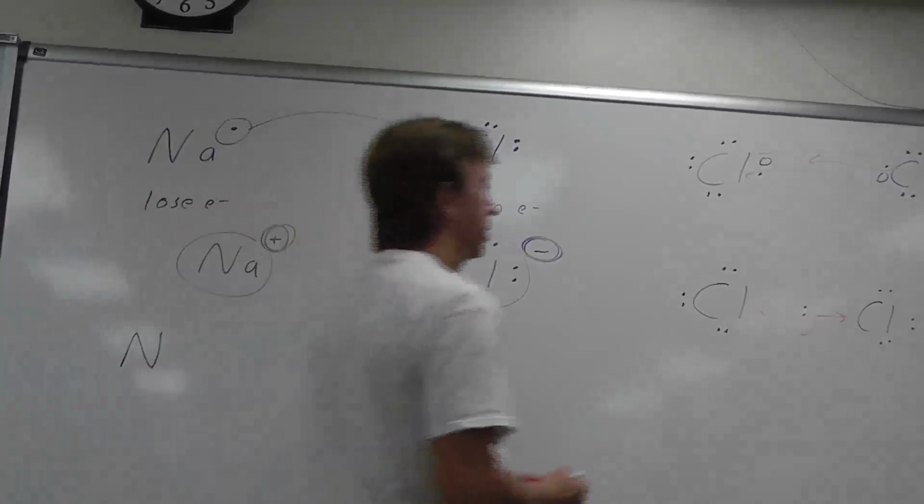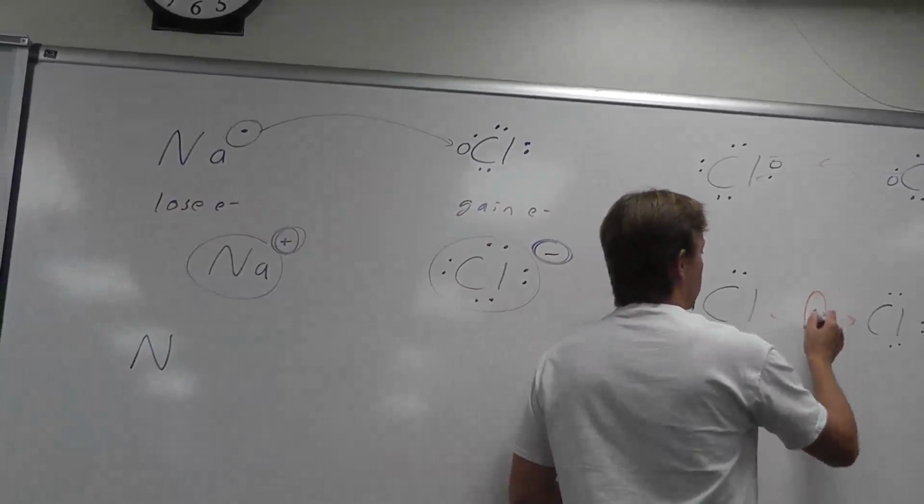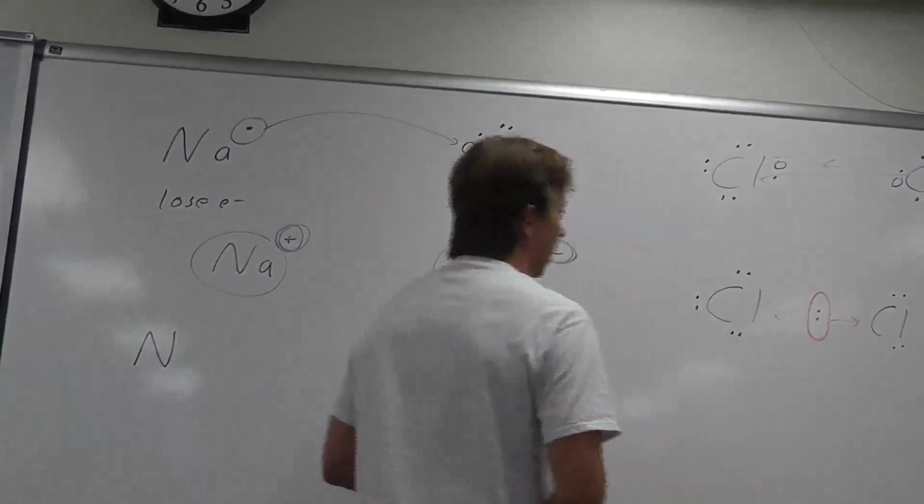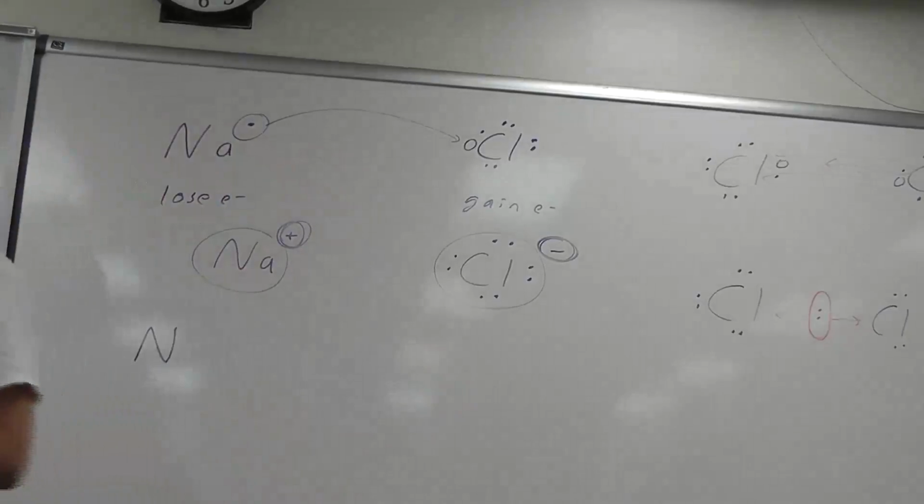That pair is what is shared. And that kind of sort of gives each chlorine an octet.